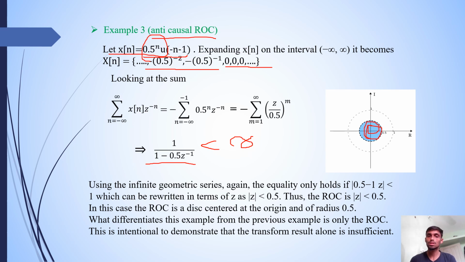So the ROC lies inside the circle. It shows the ROC is near to the center, and it can be defined as the ROC lies inside the circle.